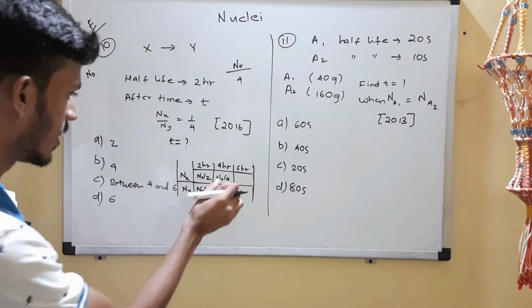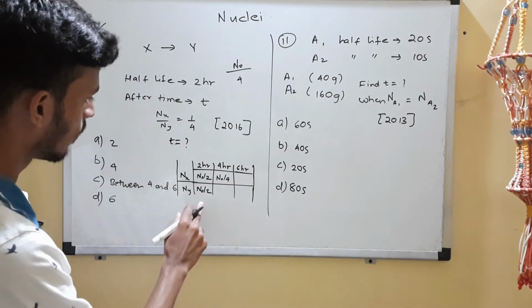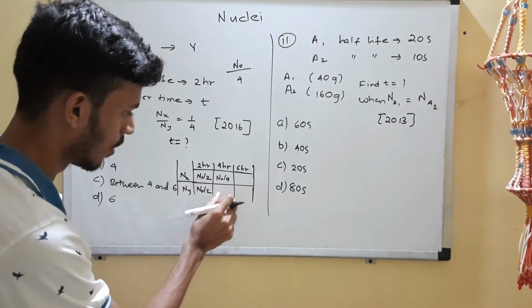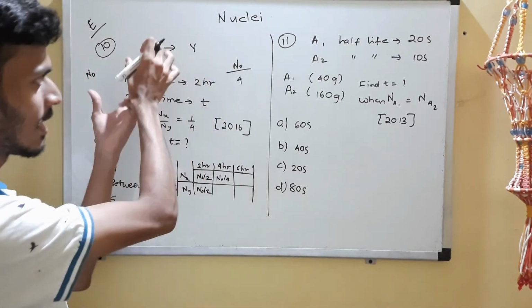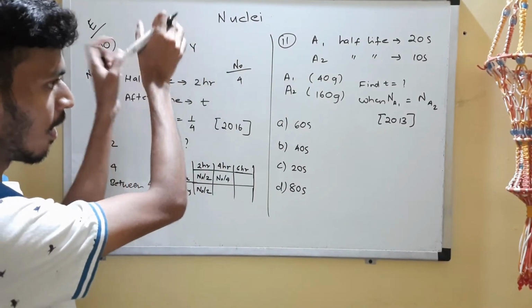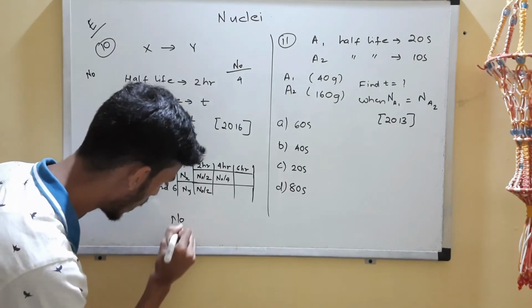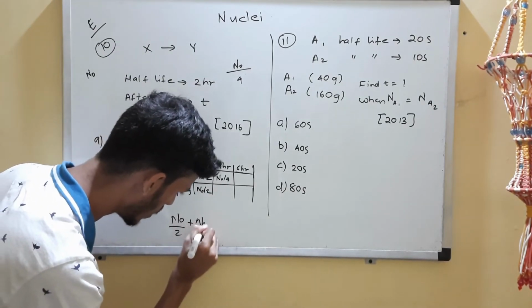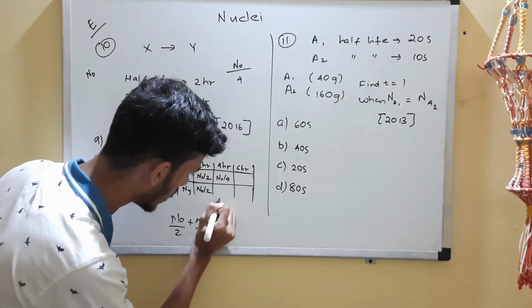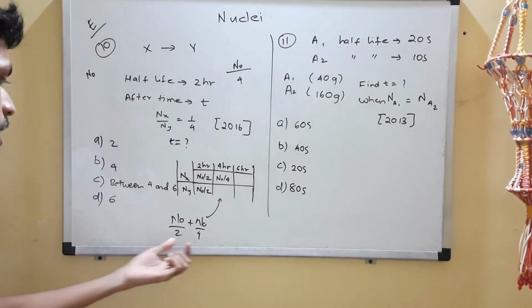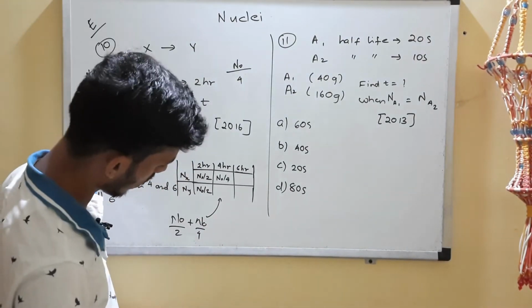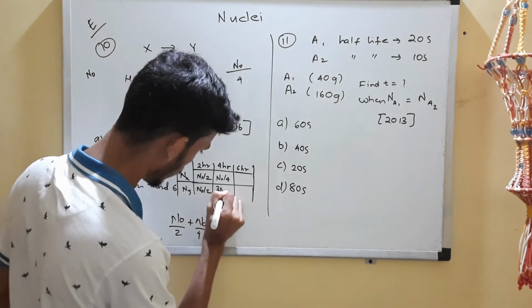Now if you see, the difference over here is n0 by 4, so you have to add n0 by 4 to this. Basically n0 by 4 amount of x has decayed into y. So n0 by 2 plus n0 by 4 will give you the concentration over here.